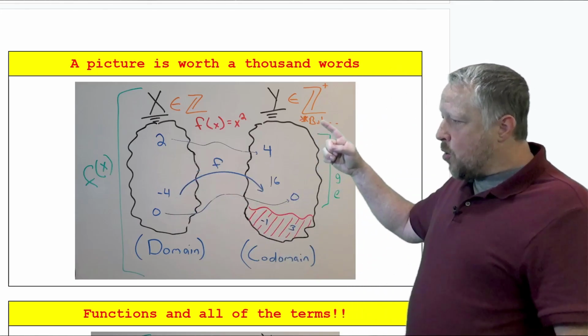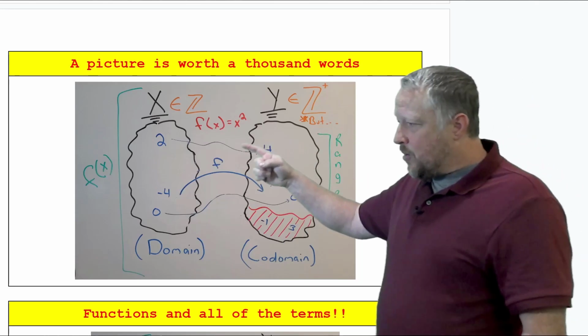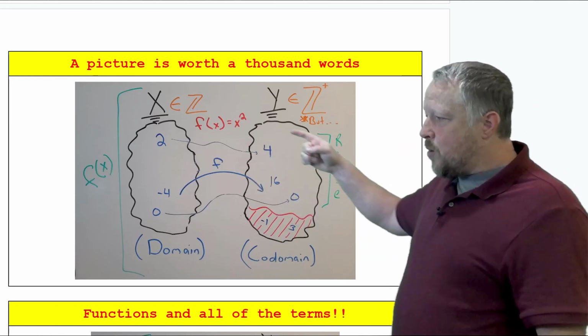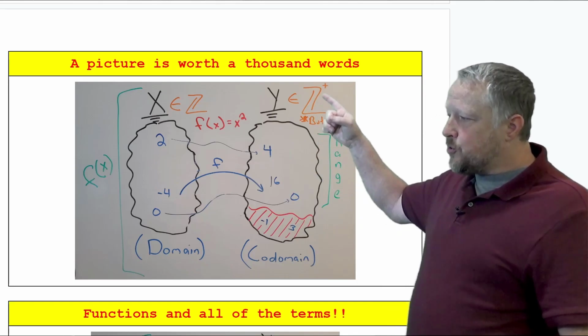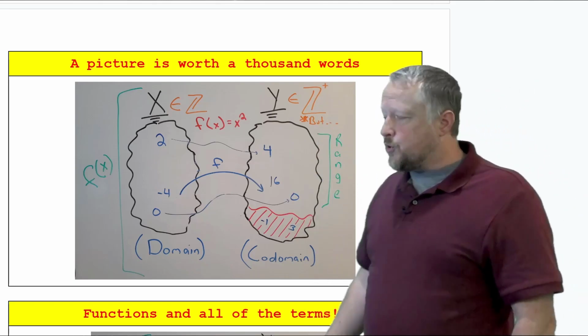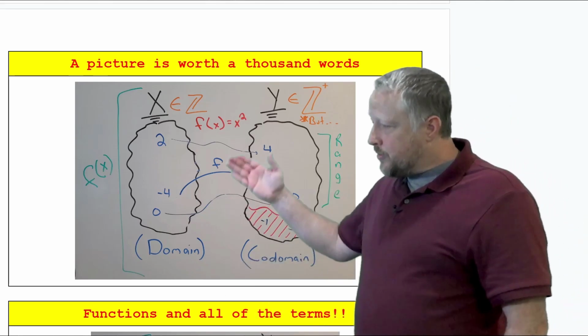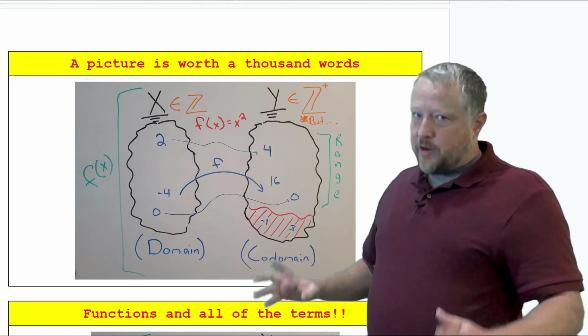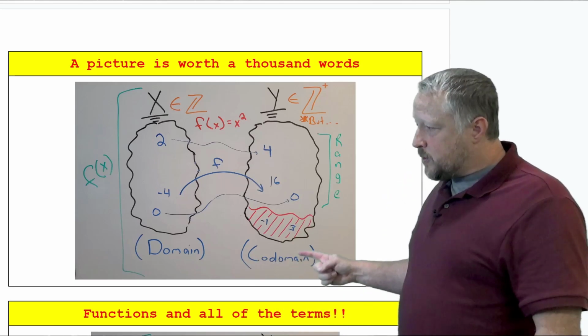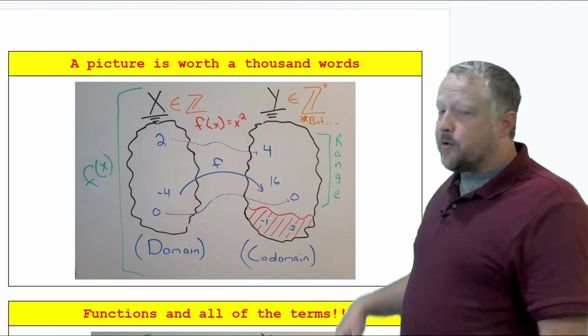But for our y, notice that all of our real values that we're going to have in there are going to be integers, but they're going to be positive integers for our range of possible values for this overall function. So here's a setup in y. There's a difference between what we can have in a codomain and what's in the range.